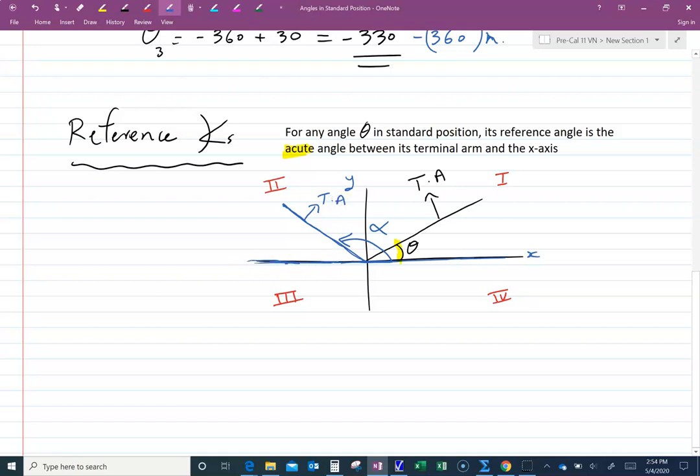It doesn't say positive or negative, it just says x-axis, and the new angle is the angle in between the two. That is our new angle, and that would be the reference angle to angle alpha. And in the theta case, that is called the reference angle.